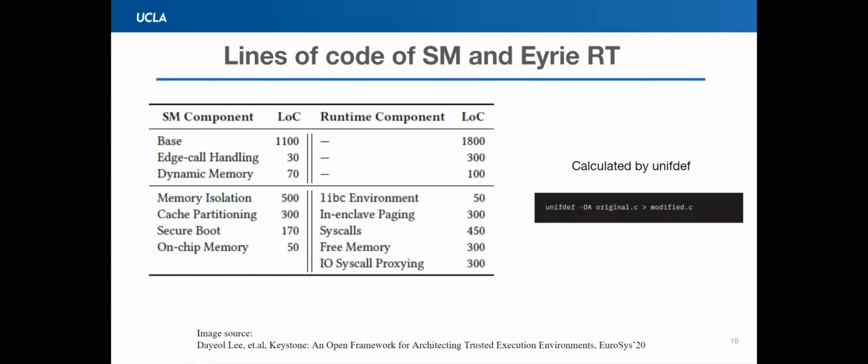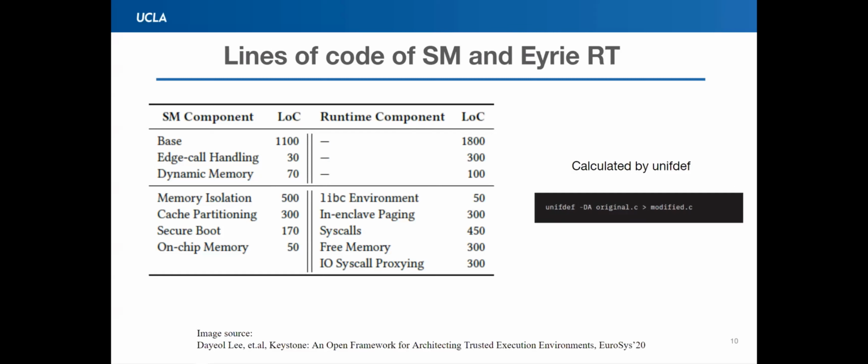Let me talk about the lines of code in the Security Monitor and the runtime. The upper section is for the required components, and the lower section is for the optional components. Most of the modifications may not change the code of the Security Monitor, but affect the runtime part. The calculation is made using the command unifdef.